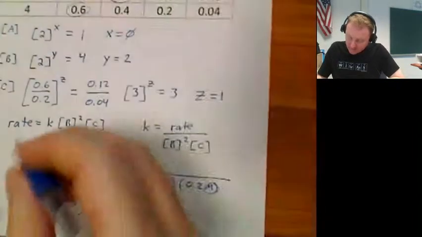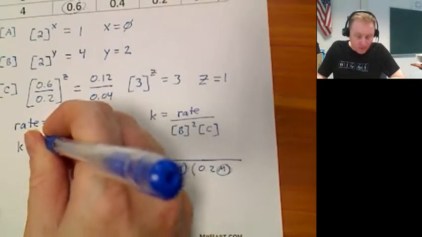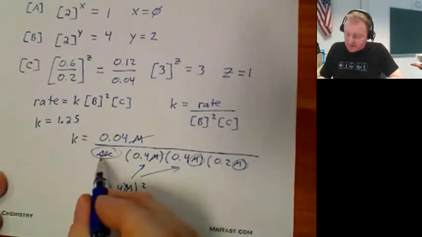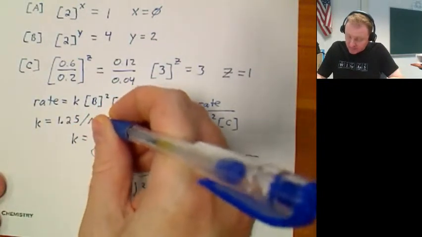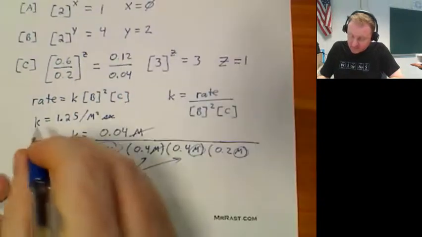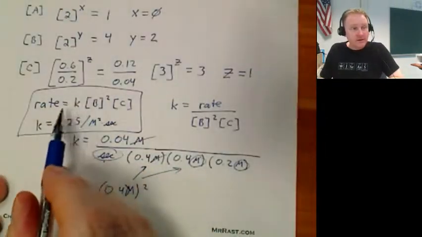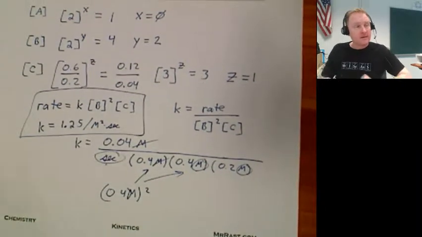So k equals 1.25, and don't forget your units here, so that's over molarity squared seconds. And this is your answer. You need not only the rate law expression, but also what k equals. And that is our third one.